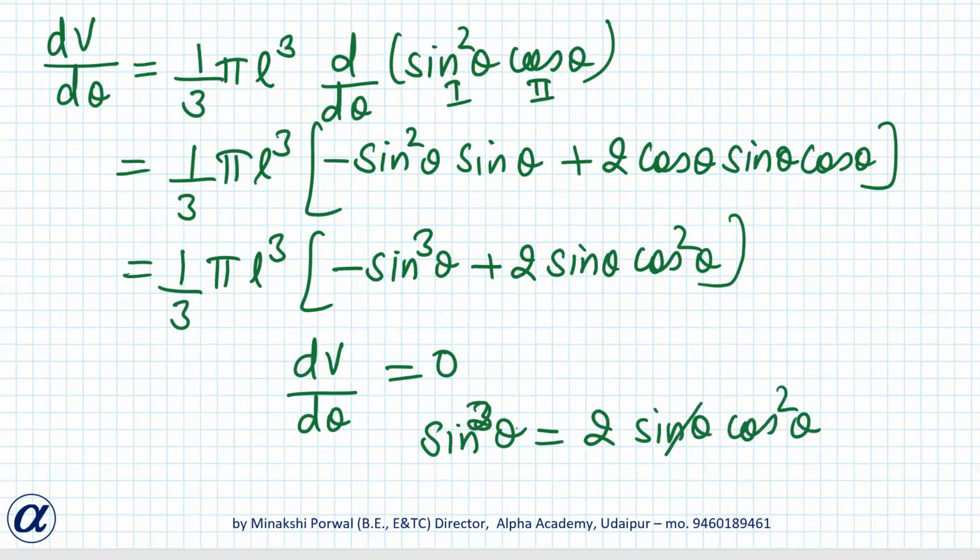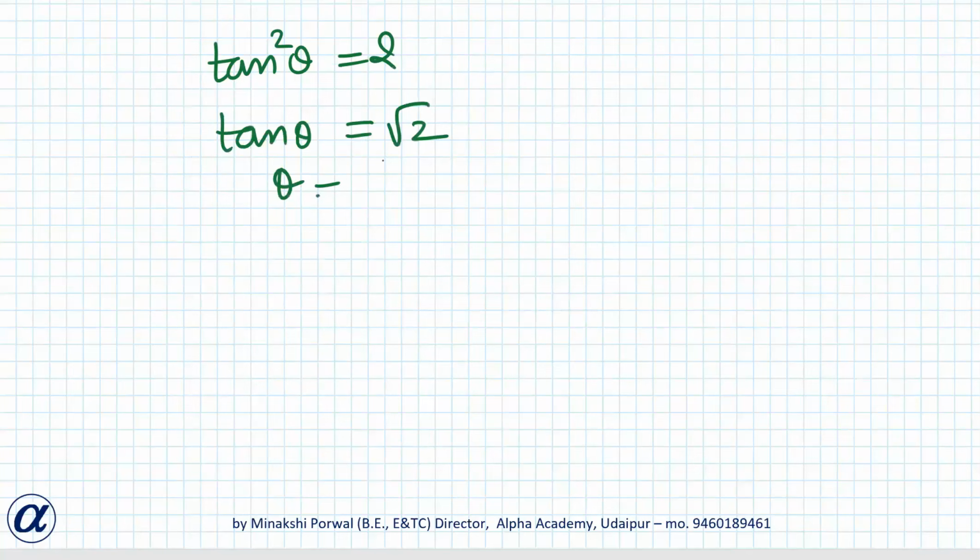So this will be sine square theta equals 2 cos square theta, or we can write tan square theta equals 2, or tan theta equals root 2, or theta equals tan inverse root 2.